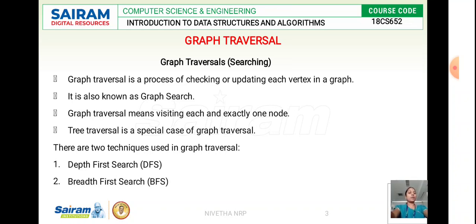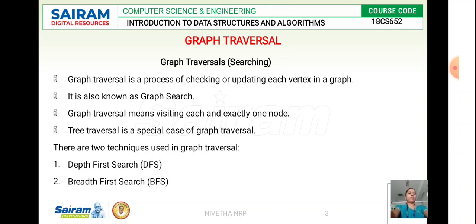It is also known as graph search. We are going to search for an element, or find an update in an already existing graph. In graph traversal, every node has to be visited exactly once.